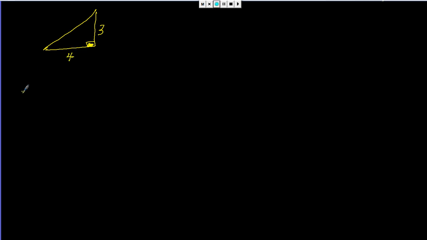The third side here is the hypotenuse, and I can find it. Let's call it h. h power 2 equals 3 power 2 plus 4 power 2, then h power 2 equals 9 plus 16, which is 25. Then h equals root 25, which is 5 centimeters.